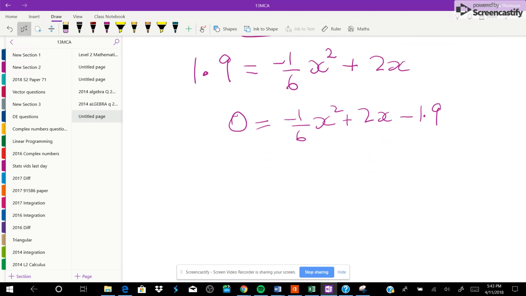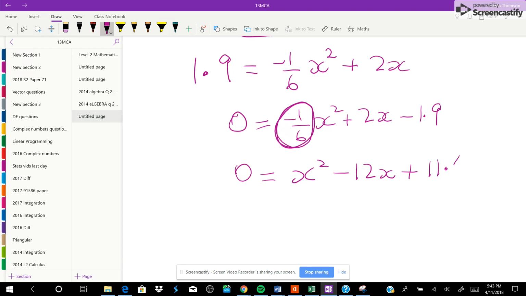I could put it into the quadratic formula at this point, but I would much rather just clean it up a little bit. If you've had me for a teacher, you'll know that I hate working with quadratics where I've got a negative term here. So I'm going to multiply the whole thing through by negative 6, giving me x squared minus 12x plus 1.9 times 6 is 11.4.